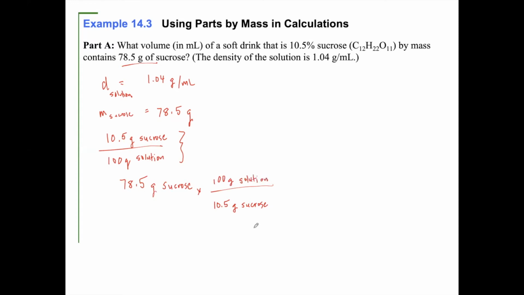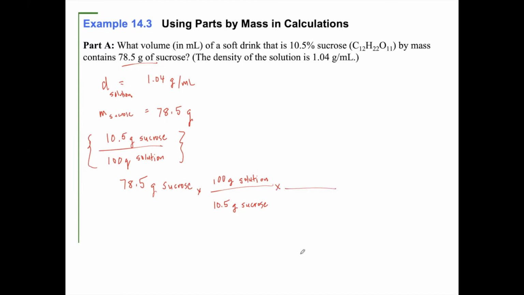I'm doing dimensional analysis here. I started with grams of sucrose, so my next fraction should have grams of sucrose in the denominator. This is the variable dealing with grams of sucrose in a conversion factor. So 100 grams of solution per 10.5 grams of sucrose.